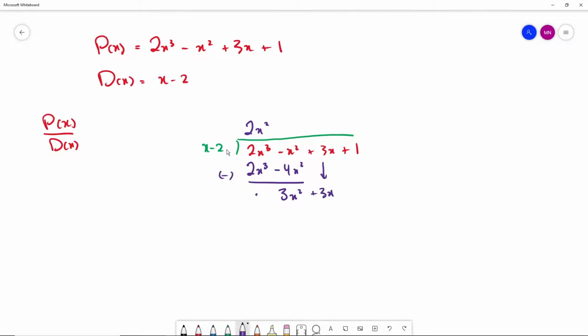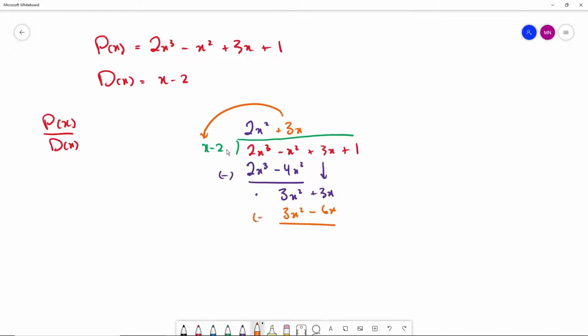Okay, the next step is to remove the 3x squared. In order to get 3x squared, we put up here a plus 3x. So 3x multiplied with x from the divisor gives 3x squared, and 3x multiplied by negative 2 gives negative 6x.